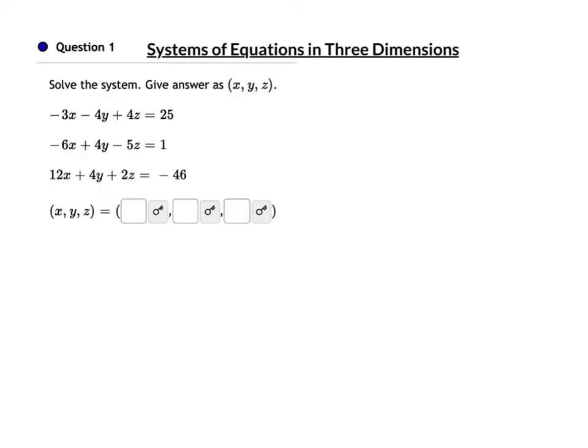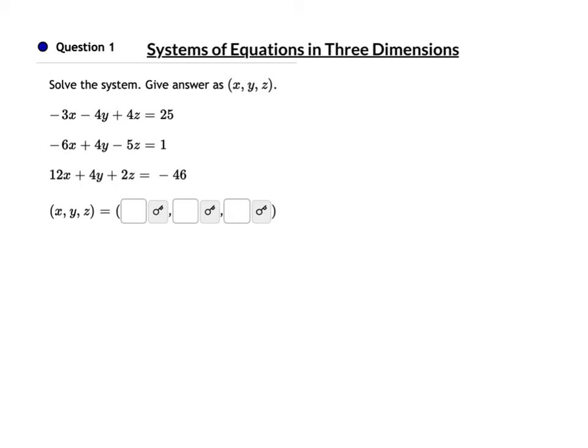The first thing I do when I look at a system of equations in 3 variables, I look at my variables, my x's, my y's, and my z's, and I look and see which one would be the easiest to work with. Looking at the x's, 3, 6, and 12, what I would need to make this work is a common multiple of those 3 numbers. 3, 6, and 12, the common multiple is 12.